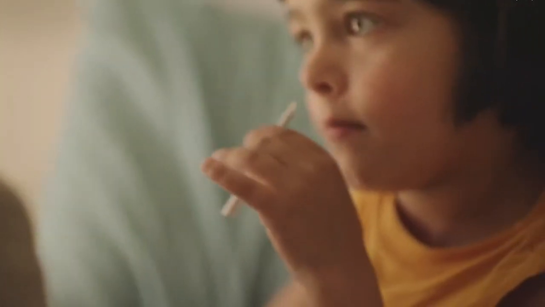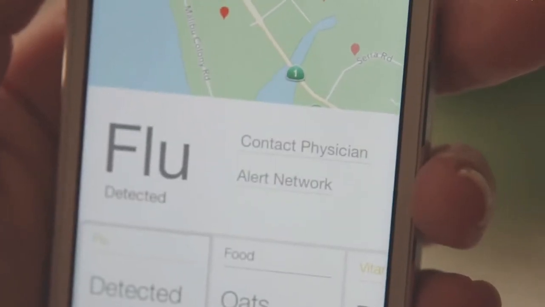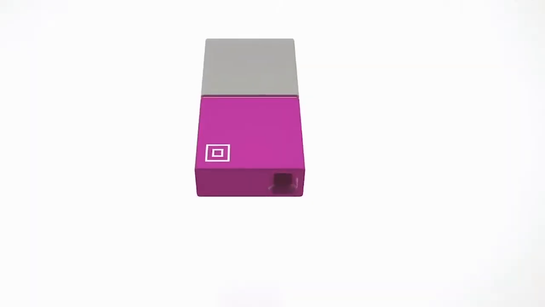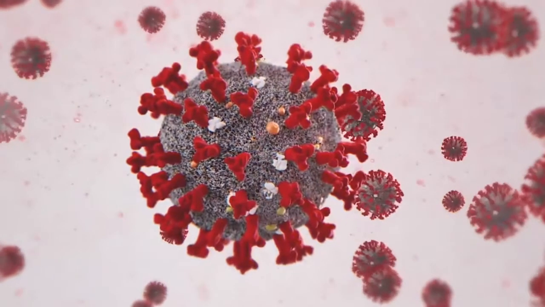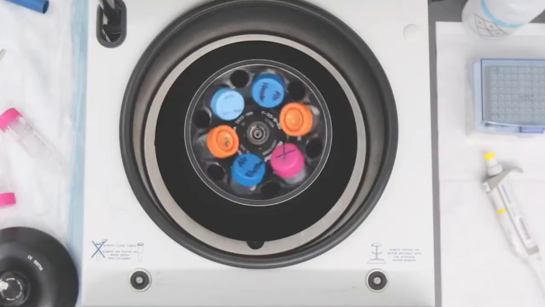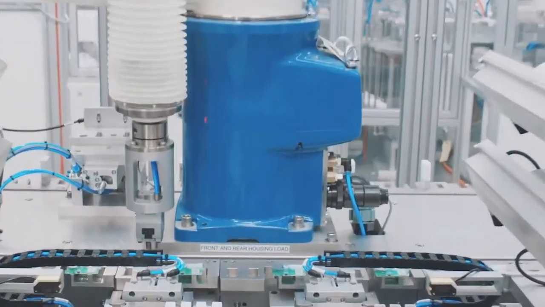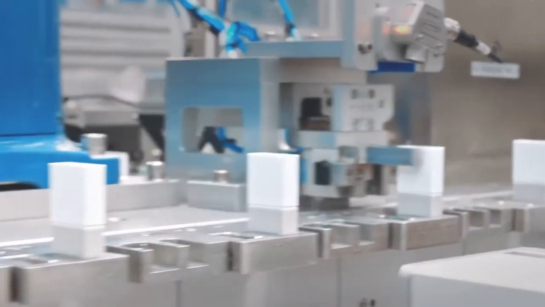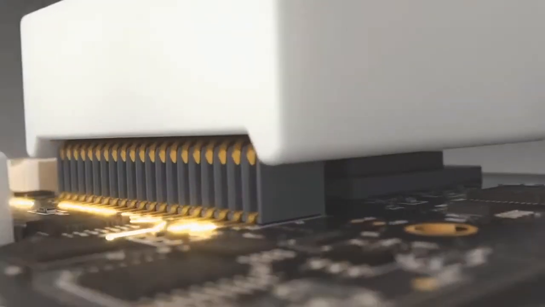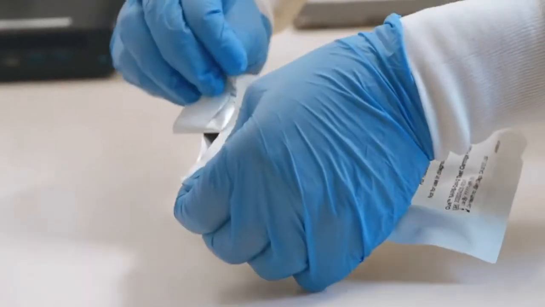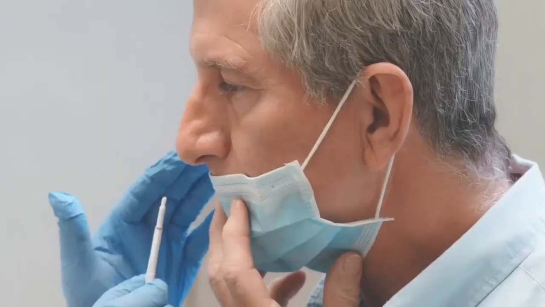When we started, the goal was to transform how we interact with our health. And now, more than ever, it is necessary to have a powerful solution that harnesses the science, pushes the boundaries, to scale the manufacturing, to deliver more than a test, to deploy an antivirus system with a simple cartridge and swab process.